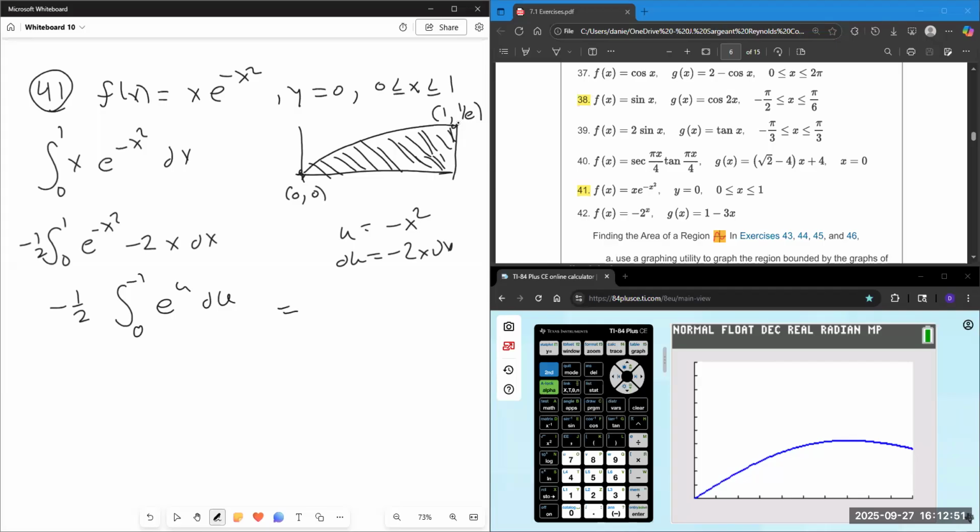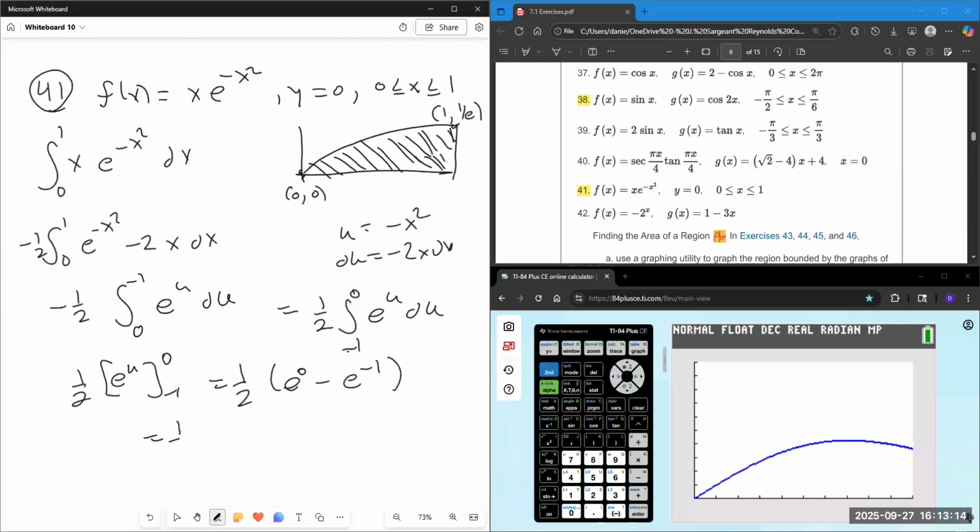So because my limits of integration are backwards, I'm going to change the sign of my coefficient and swap my limits of integration like so. This is 1/2 e to the u from negative 1 to 0, which is 1/2 of e to the 0 minus e to the negative 1, which is 1/2 of 1 minus 1 over e.